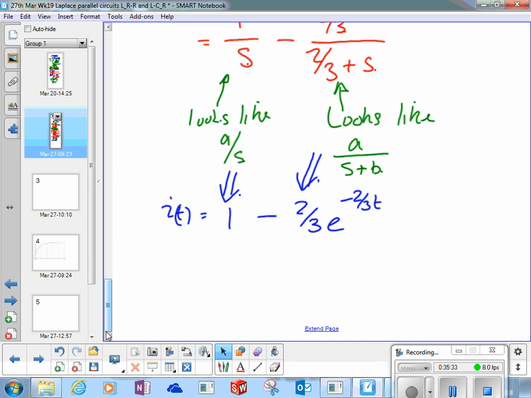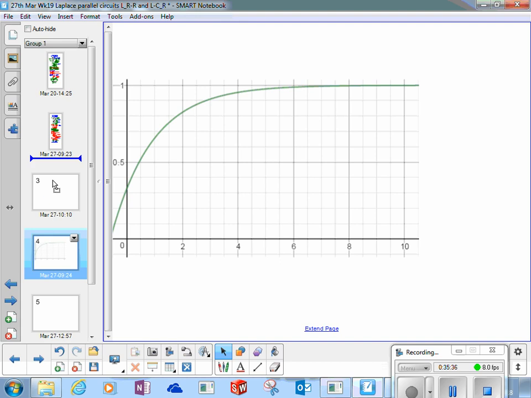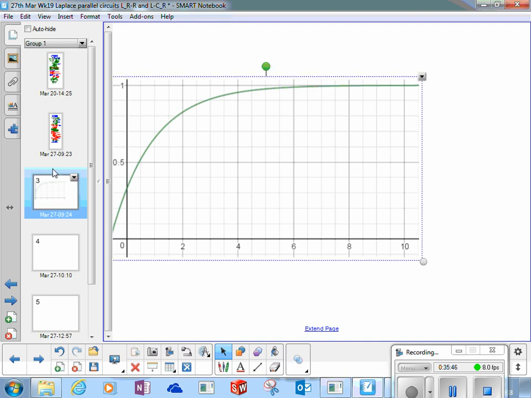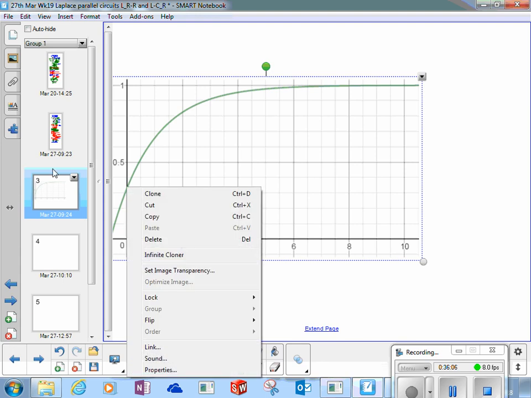But we have got a 1 and a 2/3, and if we look at a graph of that function, we'll see down at 0.3 something there somewhere, and this point is 2/3 being taken. We start with a third of the current that we get at steady state.